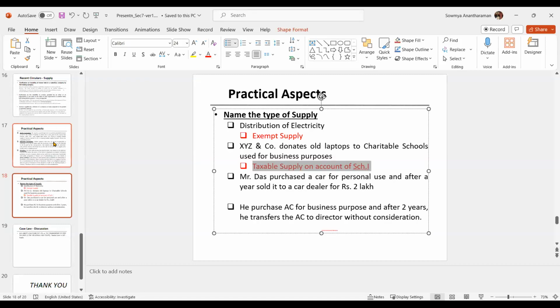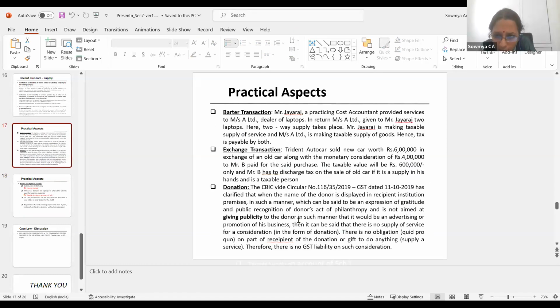tax on that. Yeah, because even in the circular it says it is said to be an expression of gratitude. I think if the donee puts a small name or something, given by so and so, and not aimed at giving publicity, then it would not be supply is what they have told.